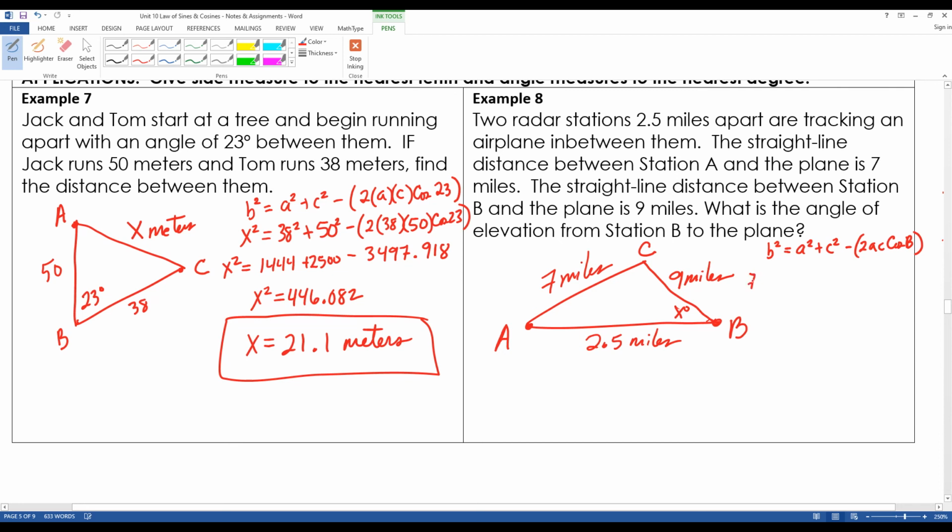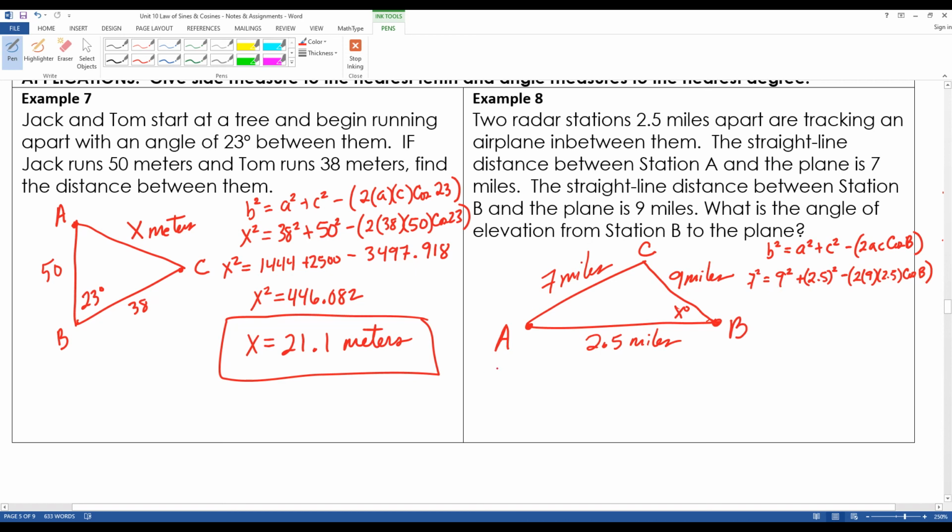So 7 squared equals 9 squared plus 2.5 squared minus 2 times 9 and 2.5 times the cosine of B. Okay, let's plug in the numbers.